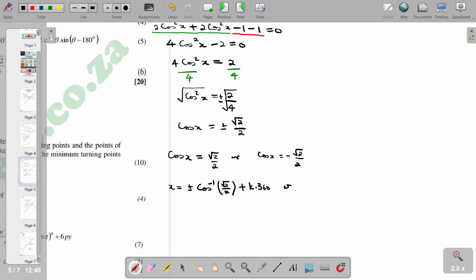Then, when we solve this second one, x is equal to plus or minus cos inverse negative root 2 over 2 plus k 360 degrees.